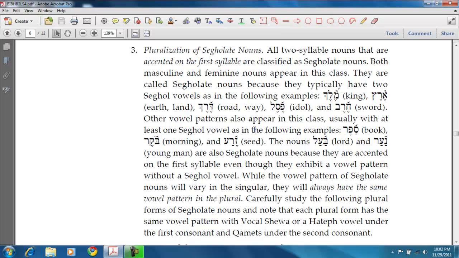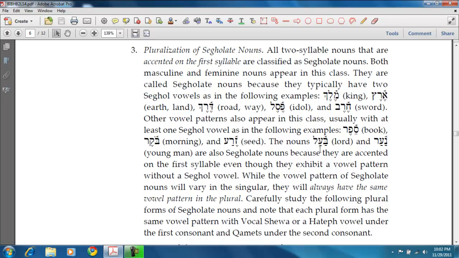Now, other vowel patterns also appear in this class, usually with at least one segol vowel in the following examples. Sefer is a segolate noun, although it doesn't have two segols. It has a tsere segol. And I mentioned earlier that it doesn't have to always have double segols. You can have a holem segol, a tsere segol, a patach segol.